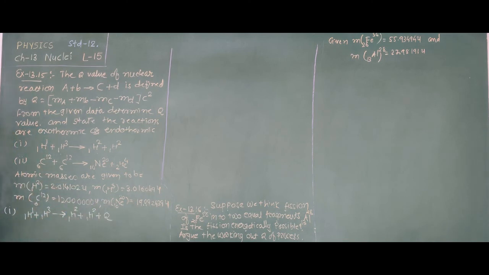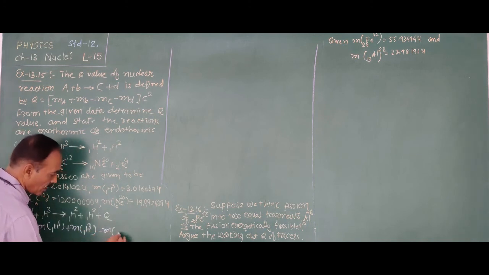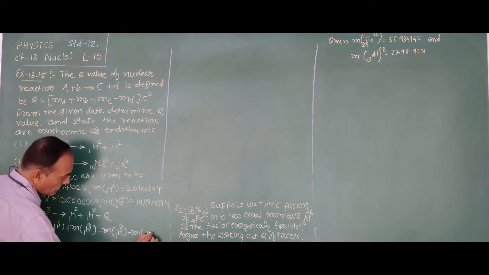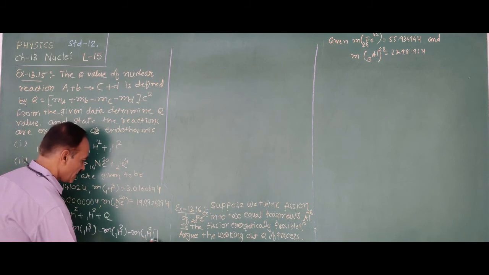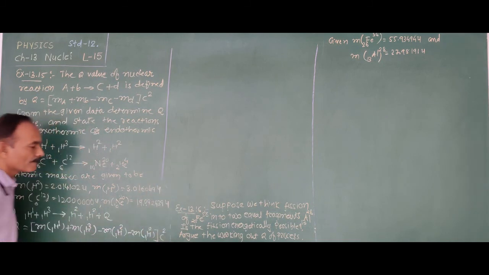Therefore, the Q value of the reaction is, in brackets, mass of 1H1 plus mass of 1H3 minus mass of 1H2 minus mass of 1H2, into c square.